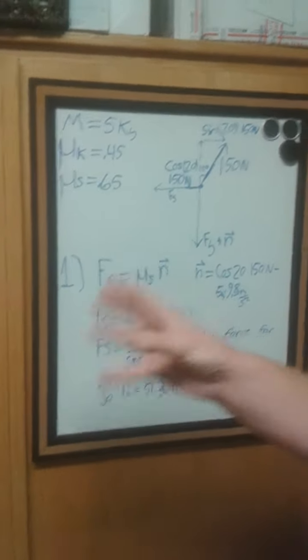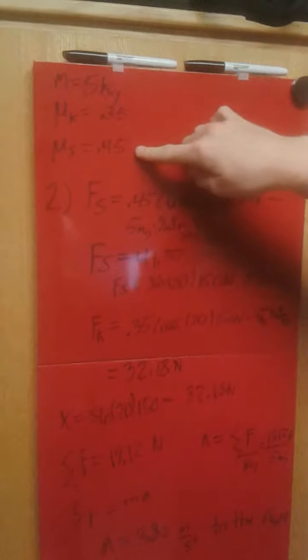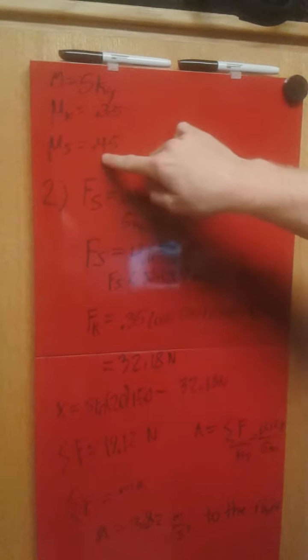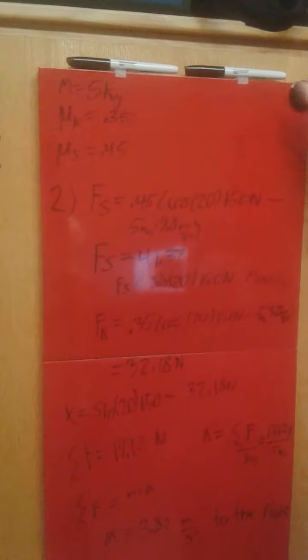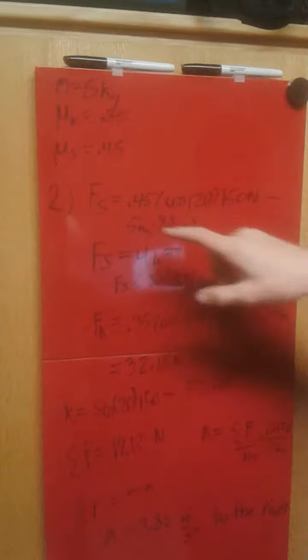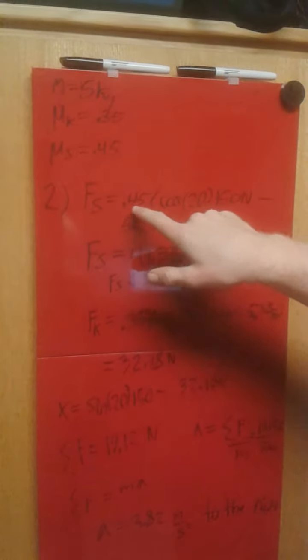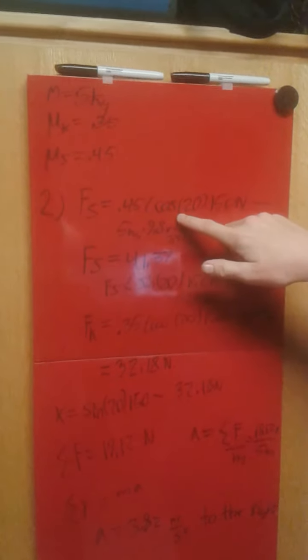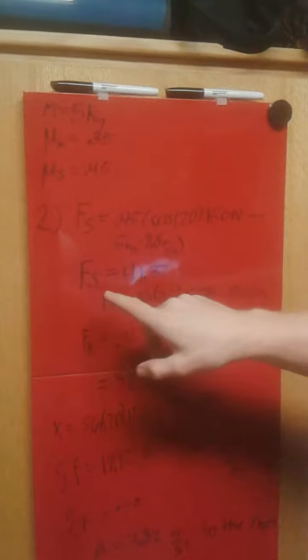Now to move on to the second part of this problem, we have a change in the constants. Now we have mu static is 0.45 instead of 0.65. So then we do the same process as before, as we check for the static friction, which is mu static times the coefficient of forces in the y direction, which is the normal force.